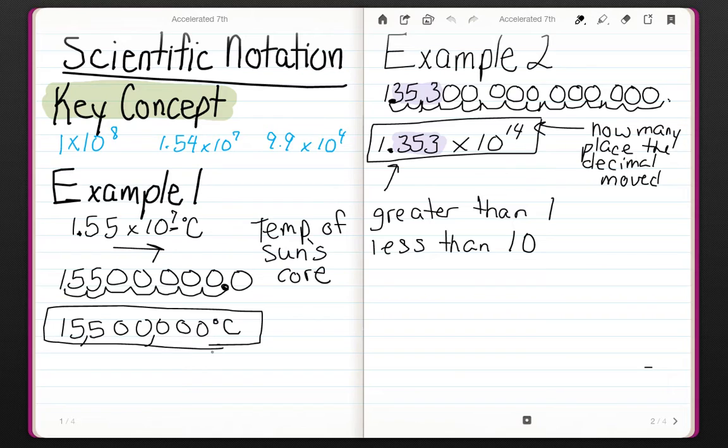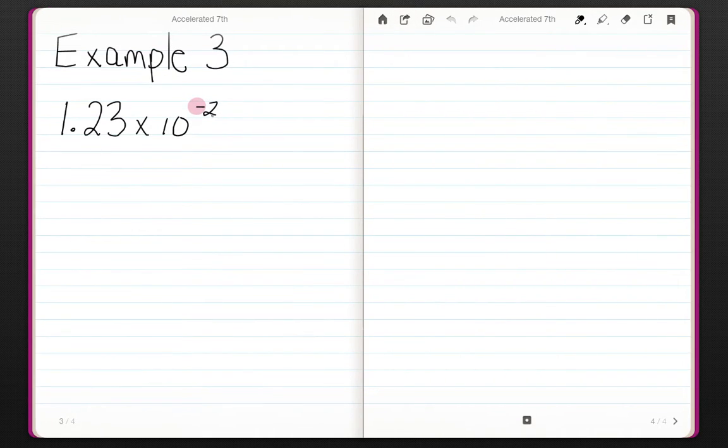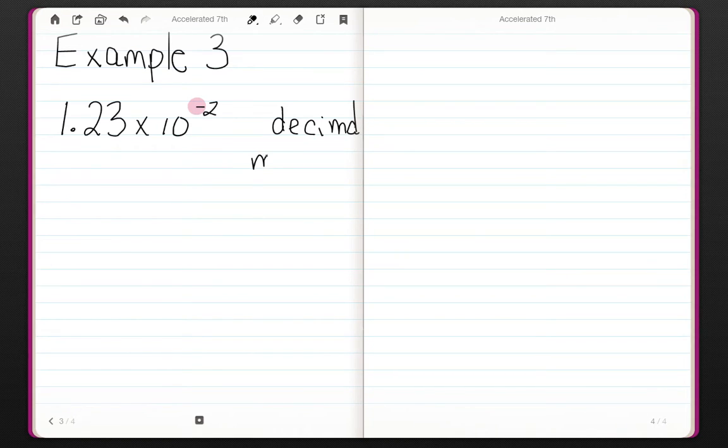Those are both very large numbers, and the exponents are both positive. However, when we're working with very, very small numbers, we can have a negative exponent. And what that means is that we're going to move the decimal left.